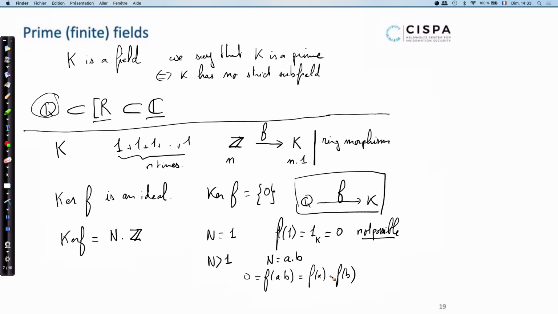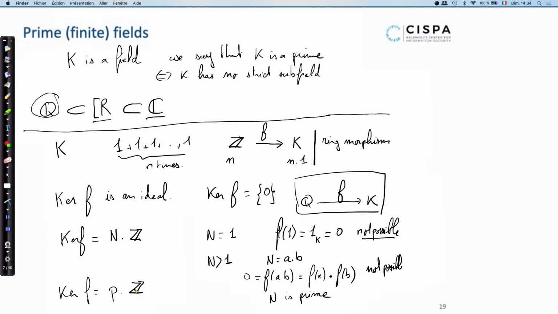And this is a problem because if you have divisors of zero, they can't be invertible. So this is not possible either. So it means that now n is prime. So the kernel of f is in fact a prime number times Z.